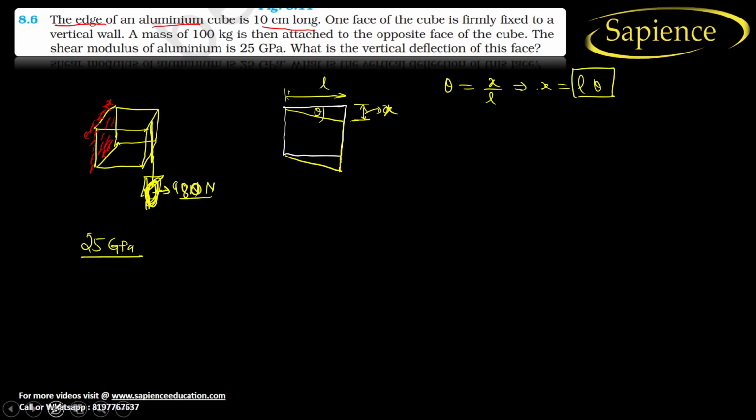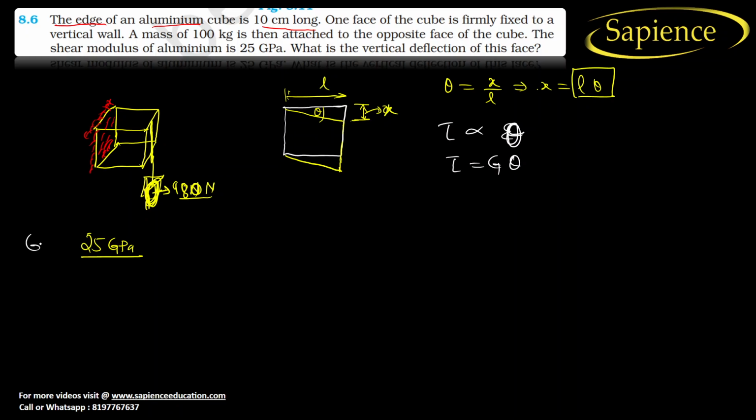If we need to find theta, we know the famous relation that shear stress tau is proportional to shear strain, that is theta, or tau is equal to G into theta.